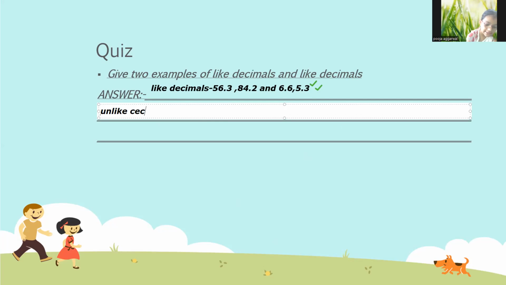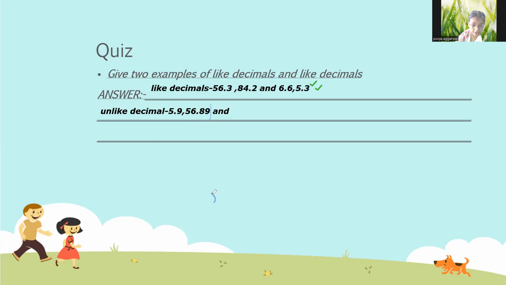An example of unlike decimals is here: 5.9 and 56.89. This is one example.